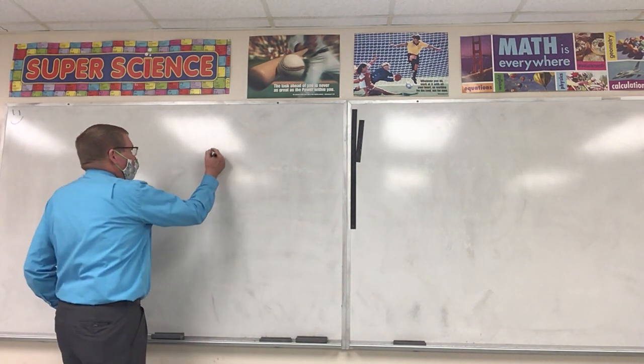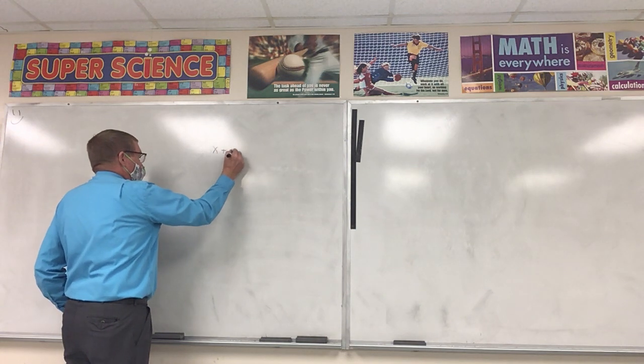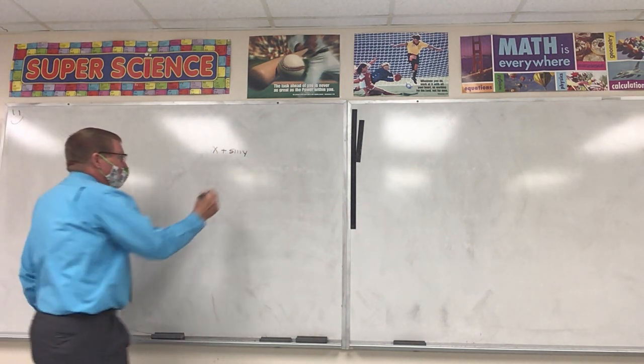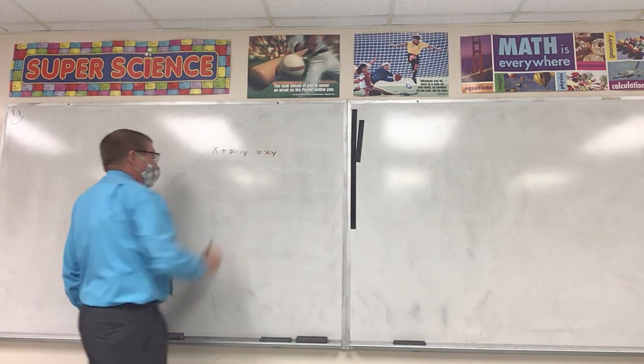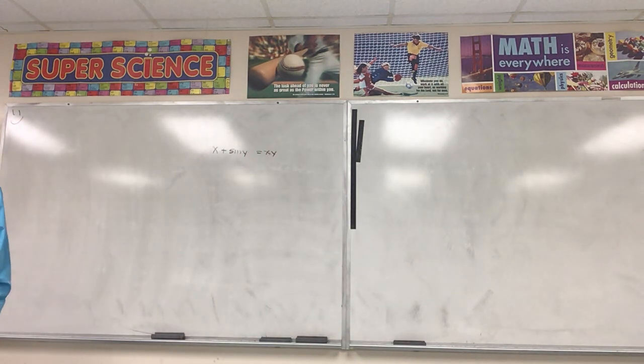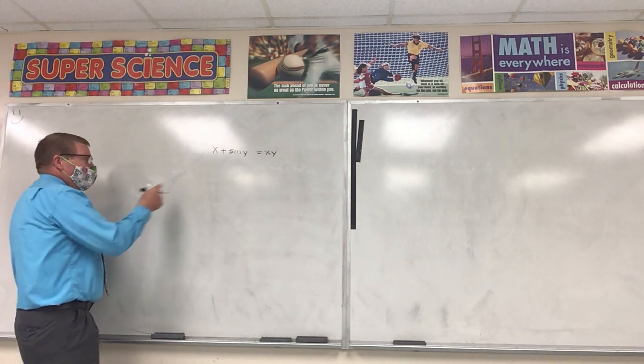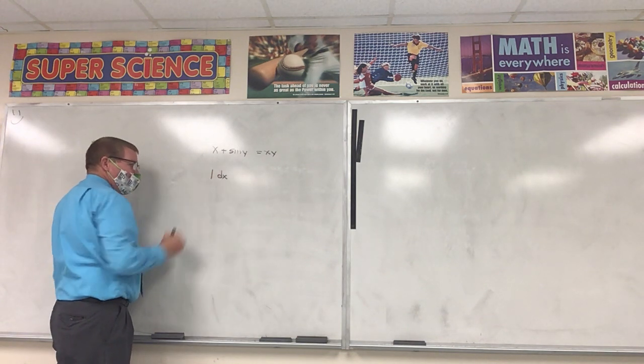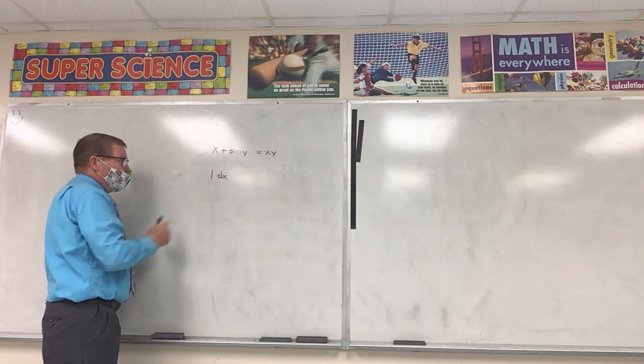x plus sine y equals... So I want to find the derivative of this function, dy over dx. So I'm going to take the derivative. The derivative of x is 1 dx, so I took it with respect to x.